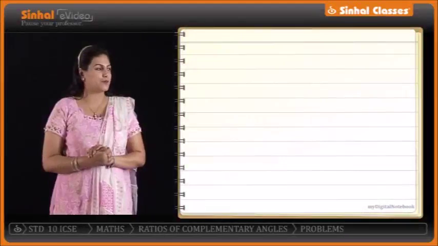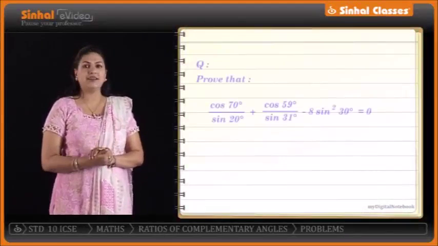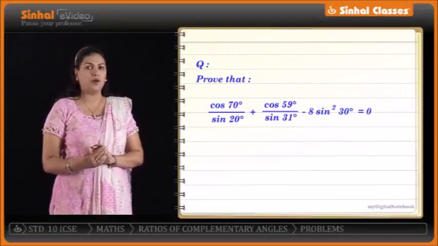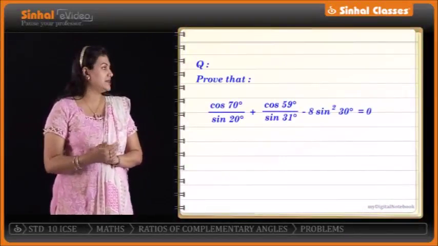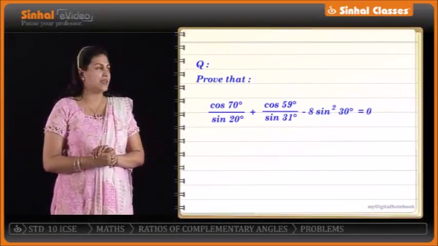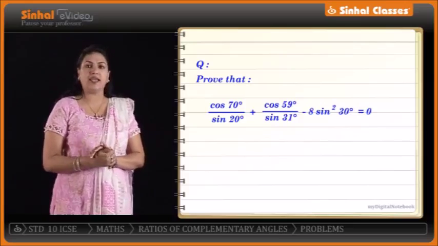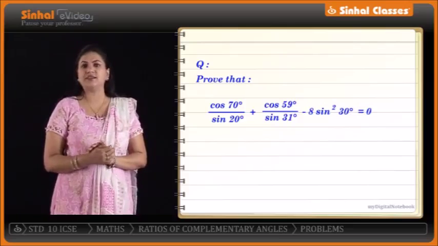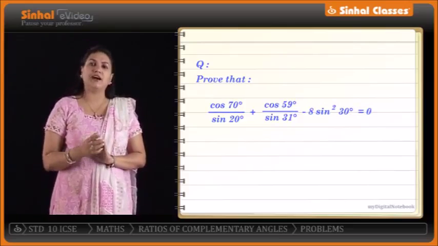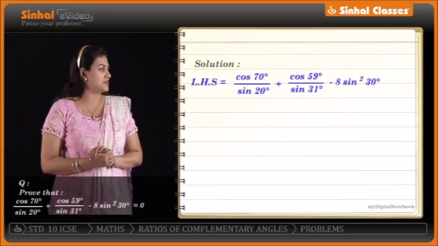Now we take the next problem. Prove that cos 70 degrees upon sin 20 degrees plus cos 59 degrees upon sin 31 degrees minus 8 sin square 30 degrees is equal to 0. Now we again start with LHS.